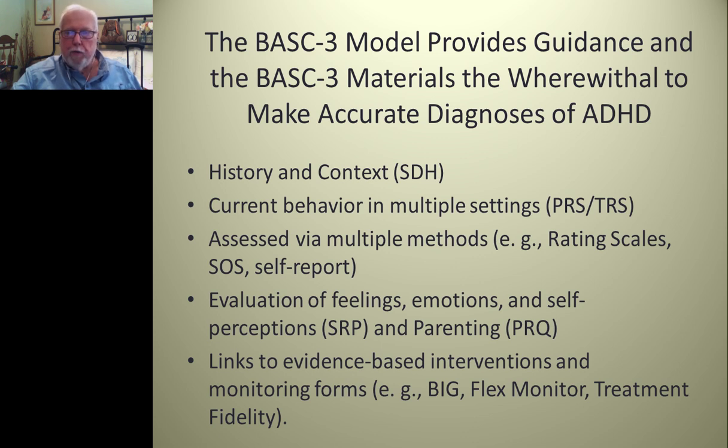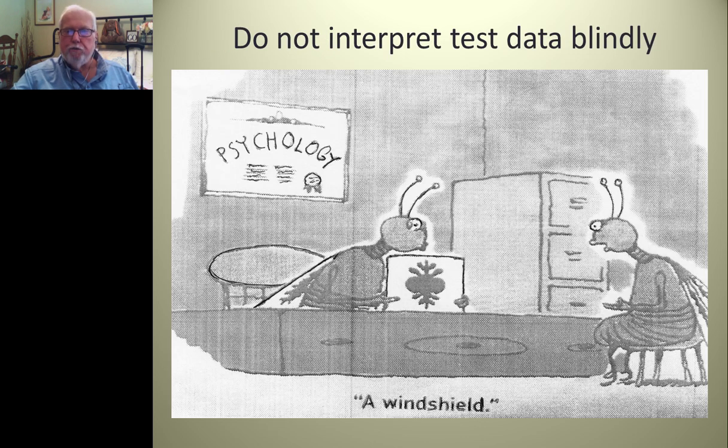The BASC-3 provides the guidance and the materials, the wherewithal, to make accurate diagnoses of ADHD. It gives us comprehensive information, and it includes history and context. We should never interpret test data blindly. Remember that you would certainly interpret this Rorschach response differently if you knew it came from a flying insect.